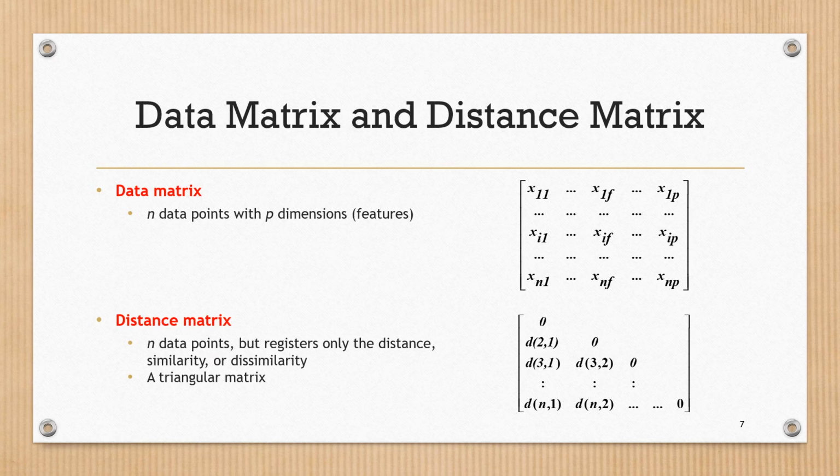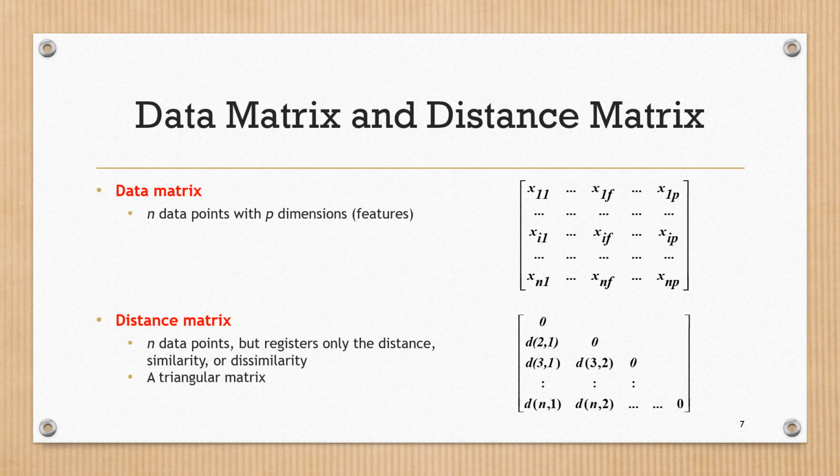For example, the value stored in row 2, column 1 should be identical to the value in row 1, column 2. Because we measure the distance between the two objects, swapping the two objects should obtain the same distance.